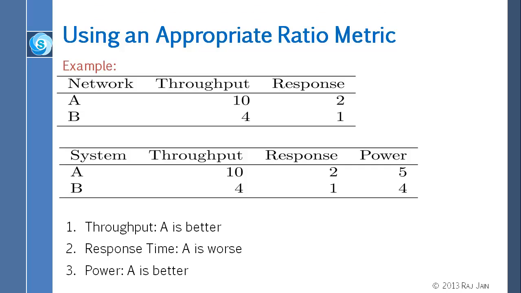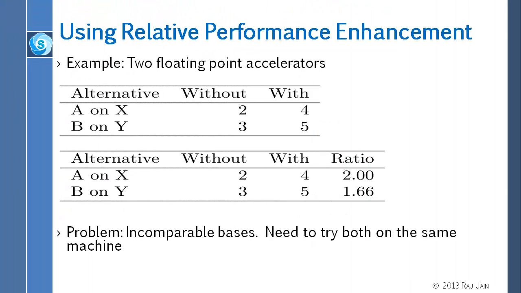The power is the best criterion to combine the two. And somebody may come up with the opposite metric, which is response time on throughput and so forth. So the idea here is that sometimes the metric itself is a ratio, and that can cause this kind of problem. Sometimes the ratio is built into the system metric.